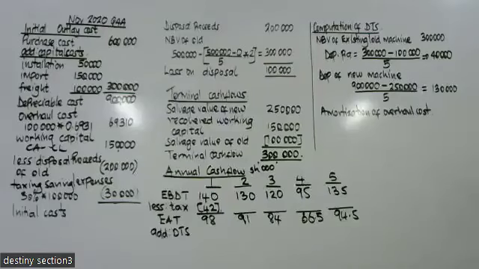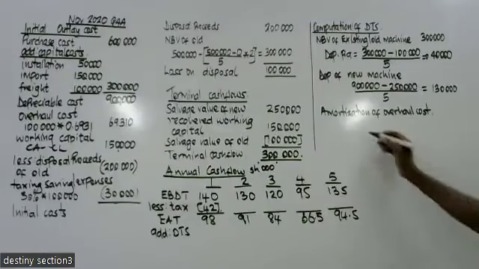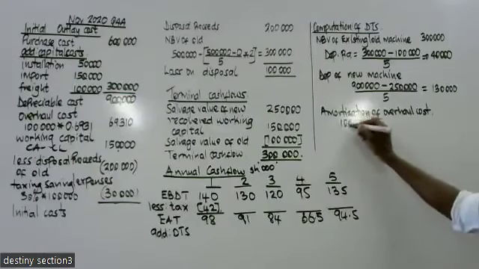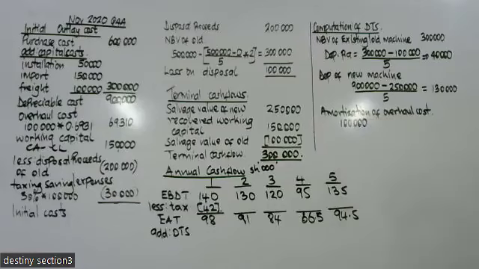So, for example, this overhaul cost was worth 100,000. Was it 100,000? The overhaul cost? Yes. So you spread it over the remaining useful life of that asset.